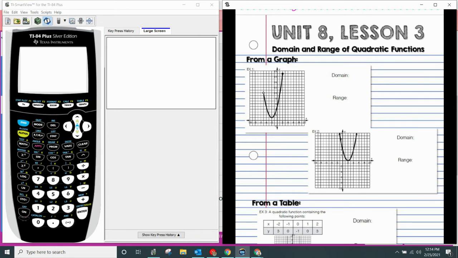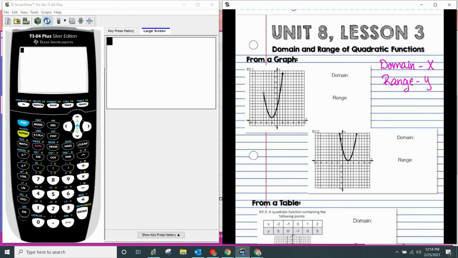Well, first of all, we need to remember that domain is your x values, your possible x values. Range is your possible y values.